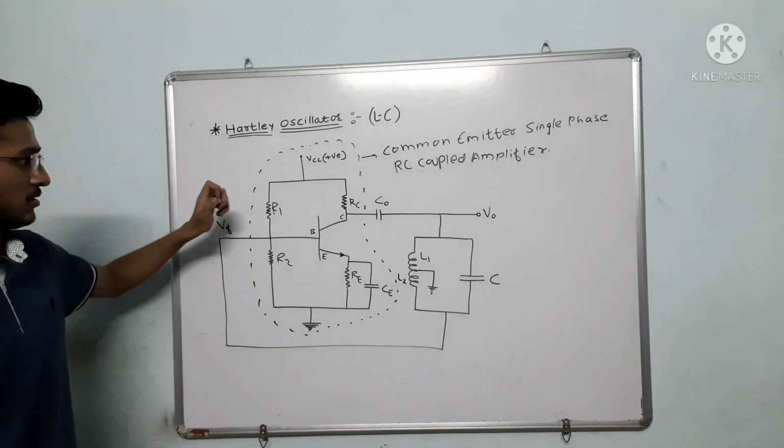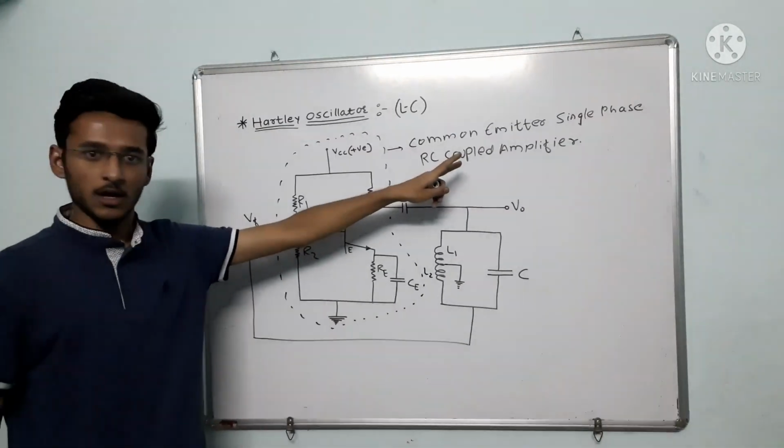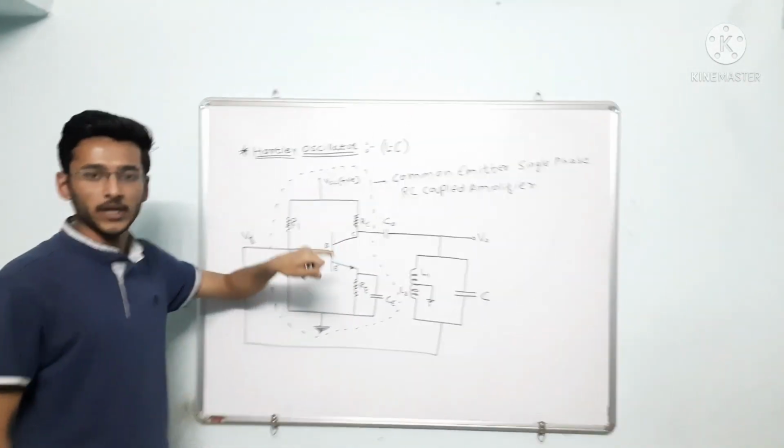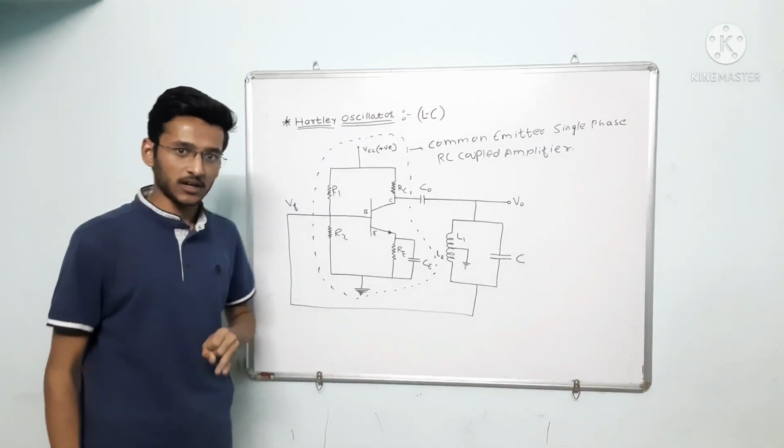For basic design or analysis of any amplifier we use the common emitter amplifier, because by use of the common emitter amplifier we get high voltage gain and also high current gain.